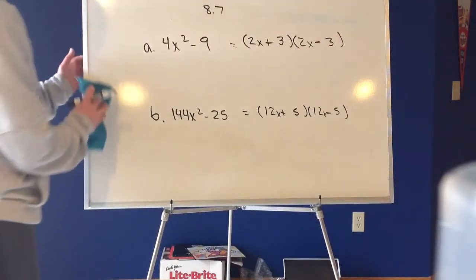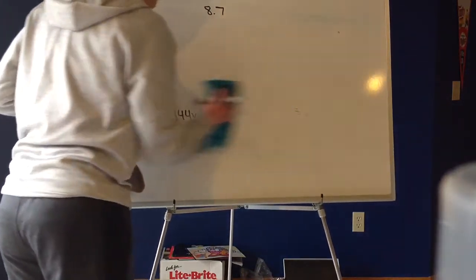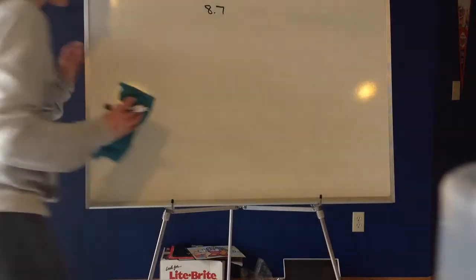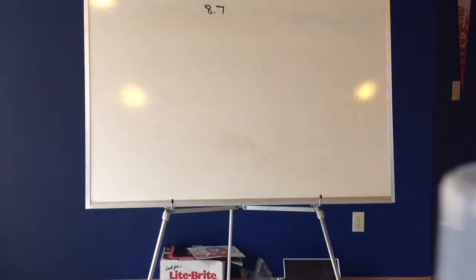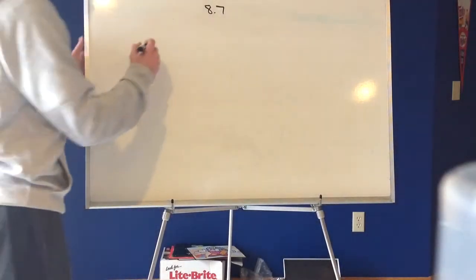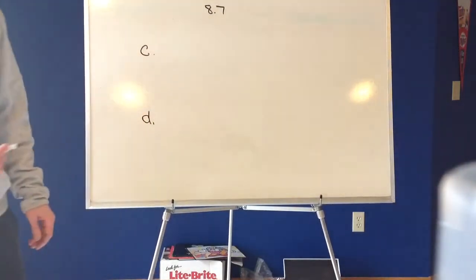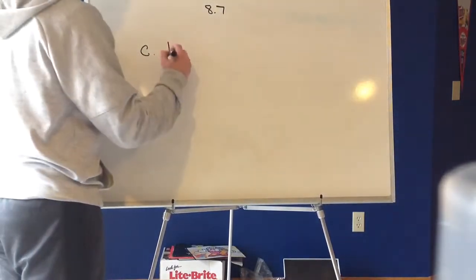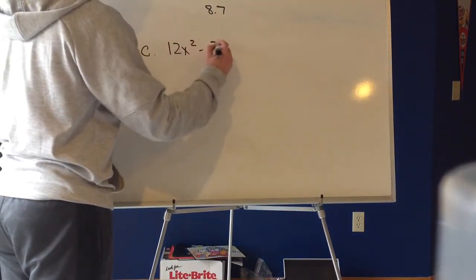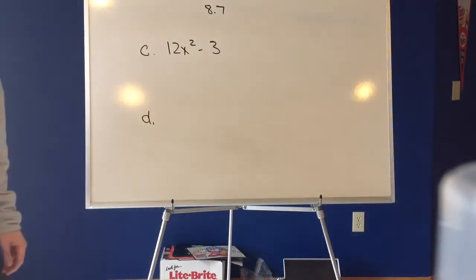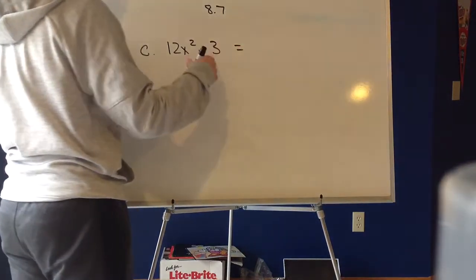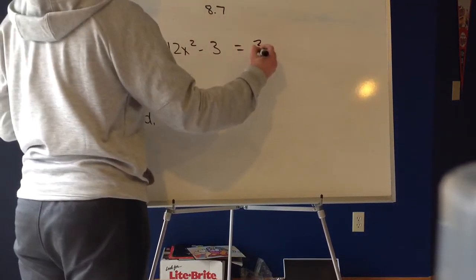All right. Now, we also can have GCFs with these as well. Again, doesn't matter what type of factoring we're doing, the GCF is the very first thing that you look for every single time. Okay, so we'll have 12x squared minus 3. So first thing I have is a GCF of 3 that I need to take out.